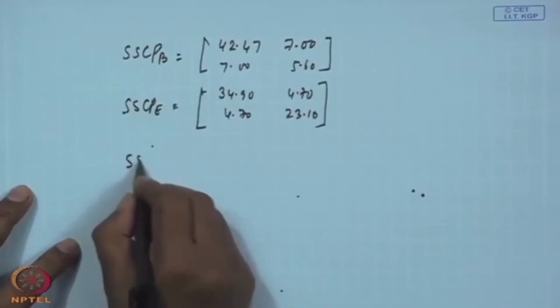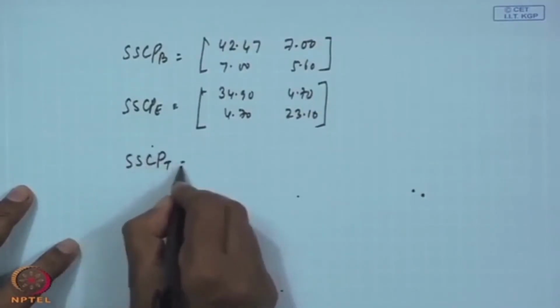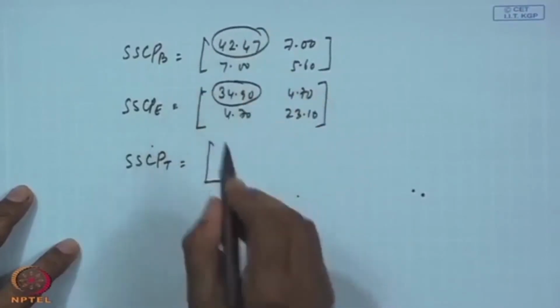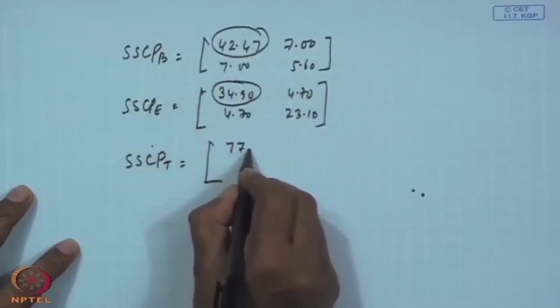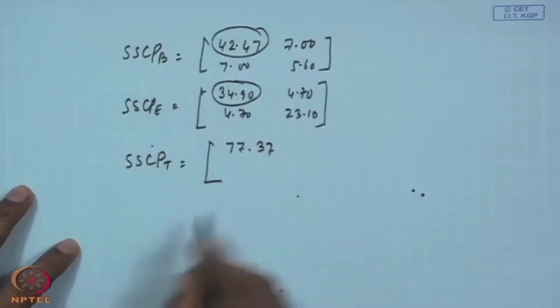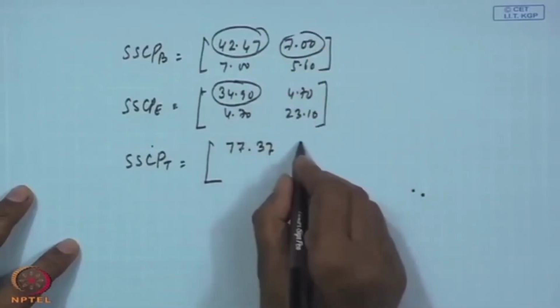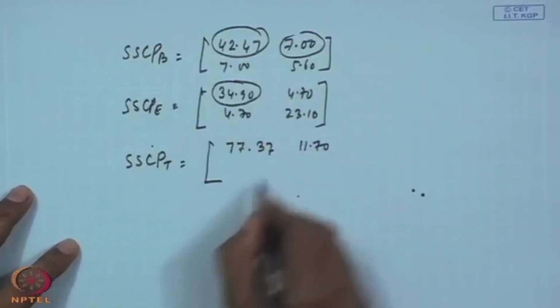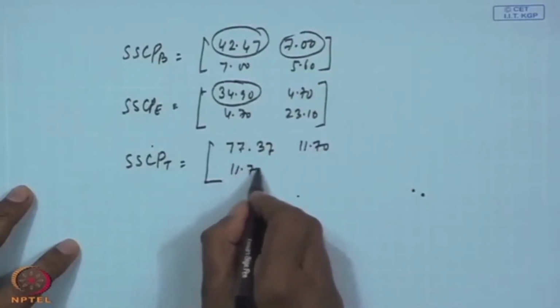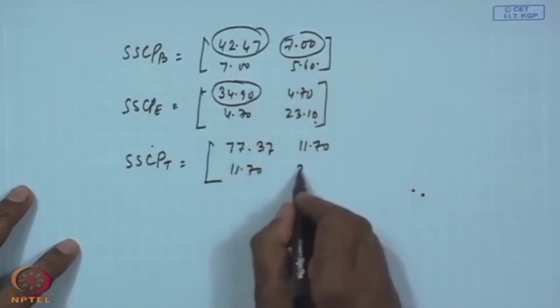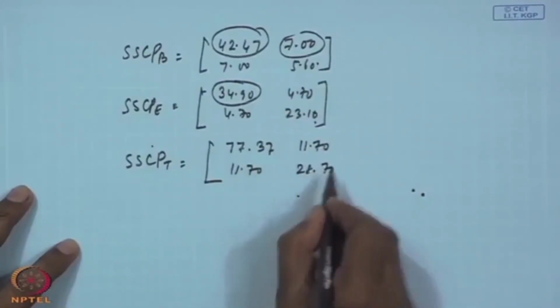So, you know your SSCP total now. This plus this, the resultant will be 77.37. Now, 7 plus 4.7, 11.70, 11.70, then 23.10 plus 5.60, it will be 28.70.